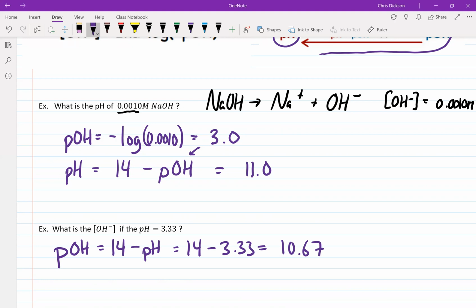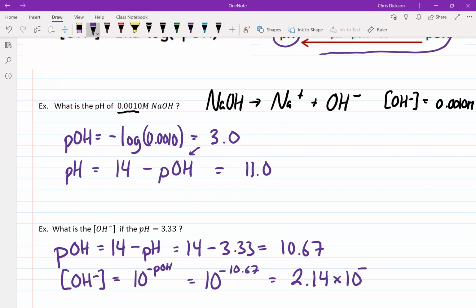And then to find the hydroxide concentration, we just do the antilog of the pOH. So that would be 10 to the negative 10.67, which gives me 2.14 times 10 to the minus 11 molar, which is really small.